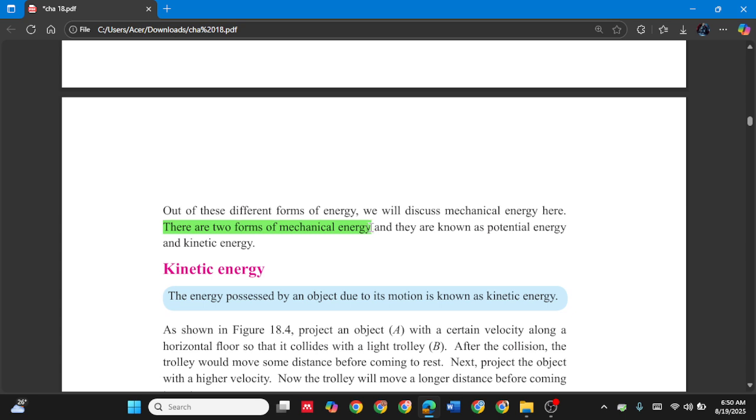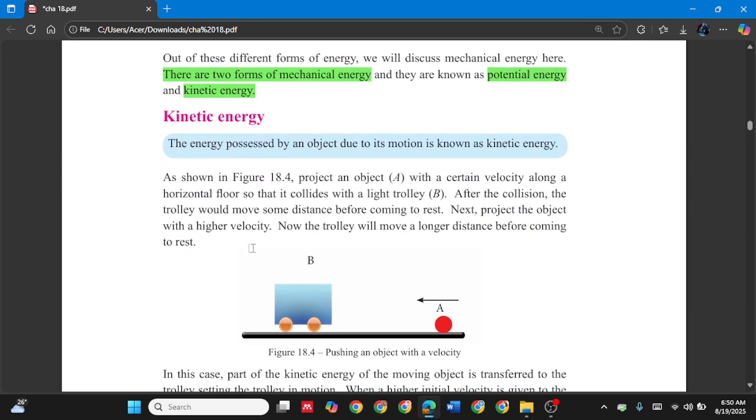Put a star mark, and below write the two forms: potential energy, kinetic energy. Okay, then write another subtopic. Write another subtopic as kinetic energy.